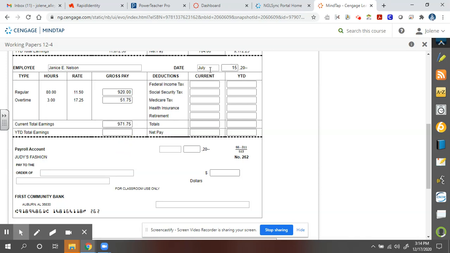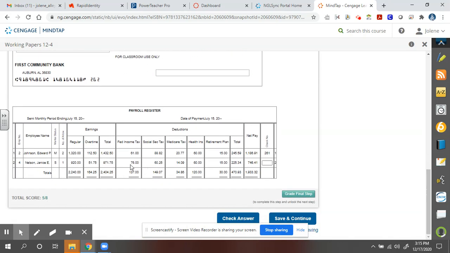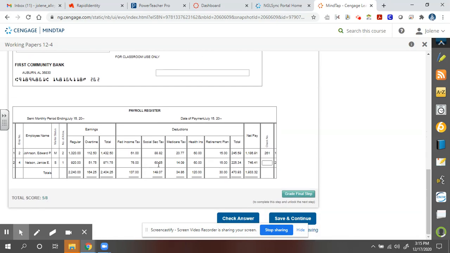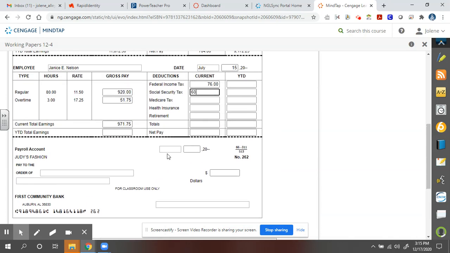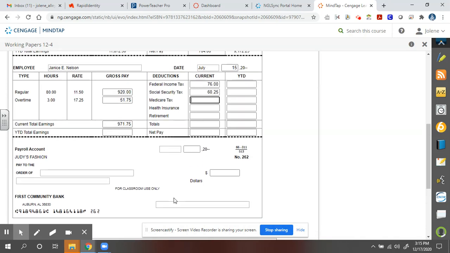Okay. Now let's get her federal income tax that she's having to pay this time. $76. And her Social Security tax this time is $60.25. And Janice's Medicare is $14.09.